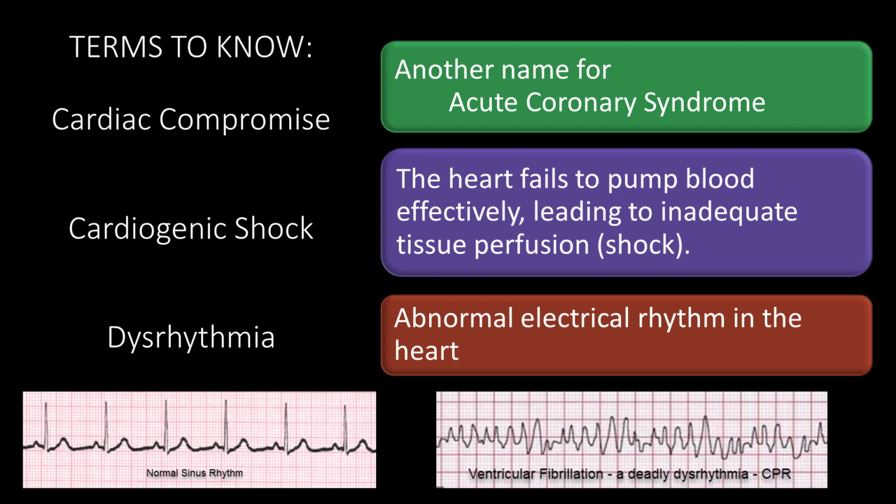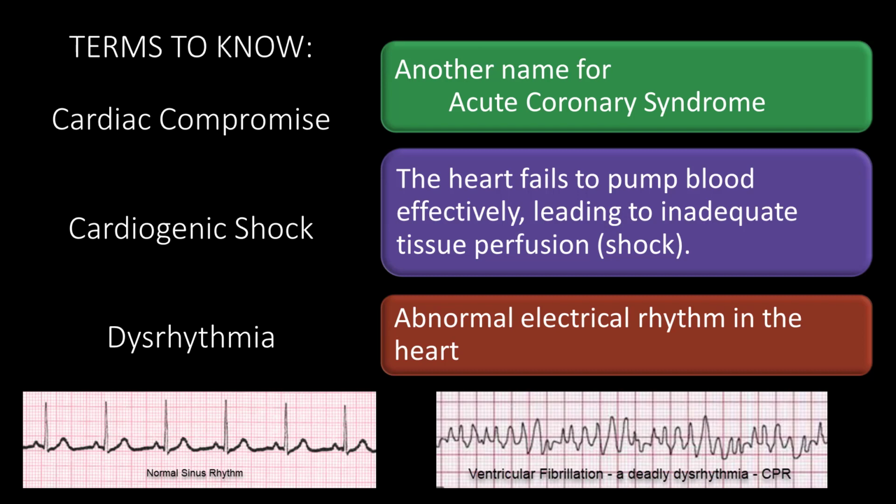A few other terms that you need to know. Cardiac compromise is just another name for acute coronary syndrome, so you should be able to recognize either one of them. The next term is cardiogenic shock, which we talked about in an earlier video. The heart fails to pump blood effectively, like in congestive heart failure, and it leads to an inadequate tissue perfusion, which is shock.